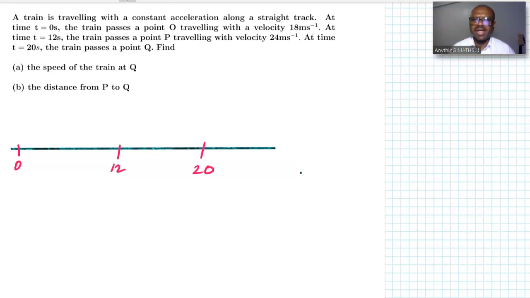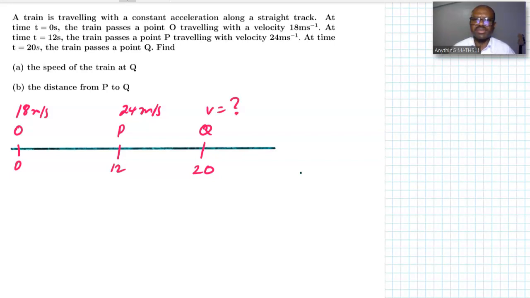At time 0 is point O, at time 12 is P, and at time 20 is Q. The velocity at O is 18 meters per second. The velocity at P is 24 meters per second. And we don't know the velocity at Q.